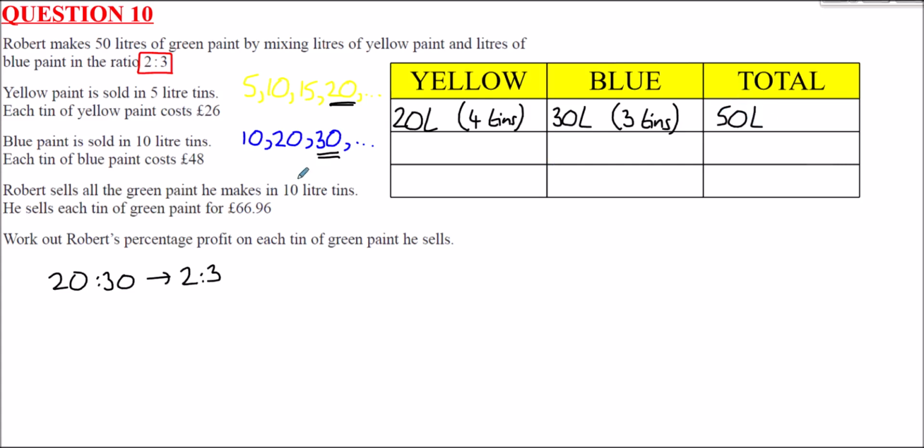But here, the main thing we're talking about is actually cost. So if he were to buy 4 tins of yellow, and yellow costs £26 per tin, the cost of 4 tins of yellow would be 4 multiplied by 26, which comes out to be £104. And 3 tins of blue would cost 3 times £48, which is £144.